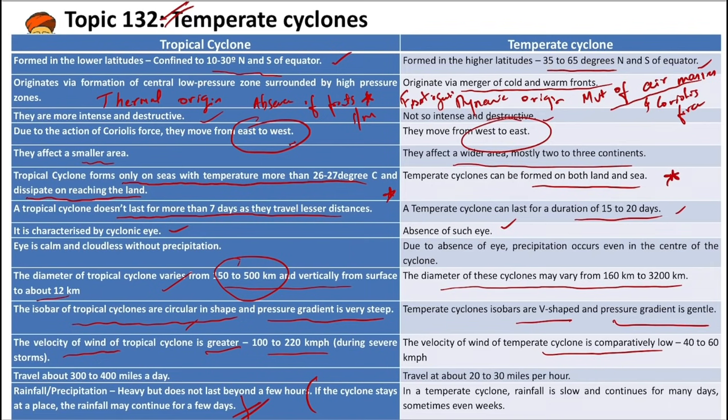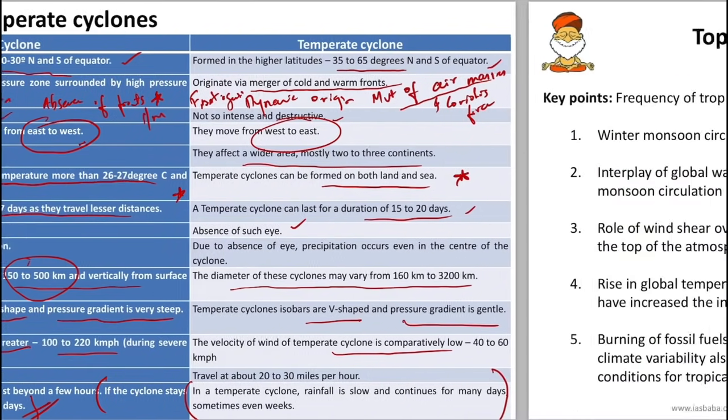But when it comes to temperate cyclones, the rainfall is slow, but it continues for many days, and even sometimes for weeks. So these are some of the important differences you have to read and revise with respect to tropical cyclone as well as temperate cyclone.